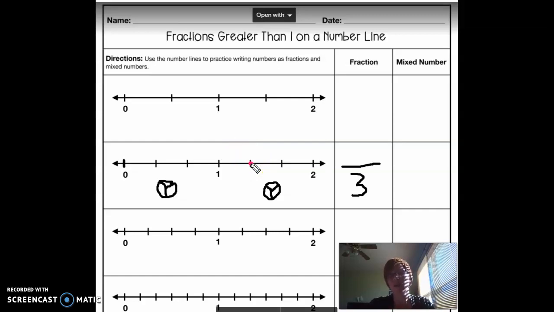My denominator is 3, so these are third pieces. How many third pieces am I going to have filled in? Well, let's count. This is 1/3, this is 2/3, this is 3/3, and this is 4/3. So my fraction is 4/3.